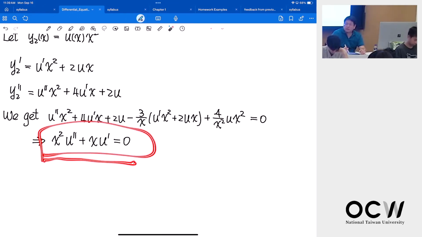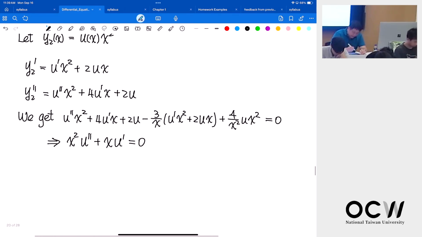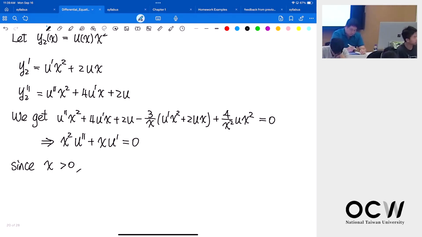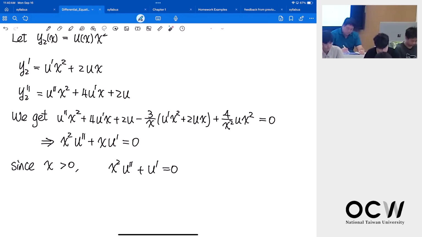Because now we are going to find u. Okay, and since the question said that x is greater than 0, how do we find u? x squared u double prime. Sometimes we don't even need change of variables, right? Because it depends on the equation. So in this case, don't you think this is familiar?